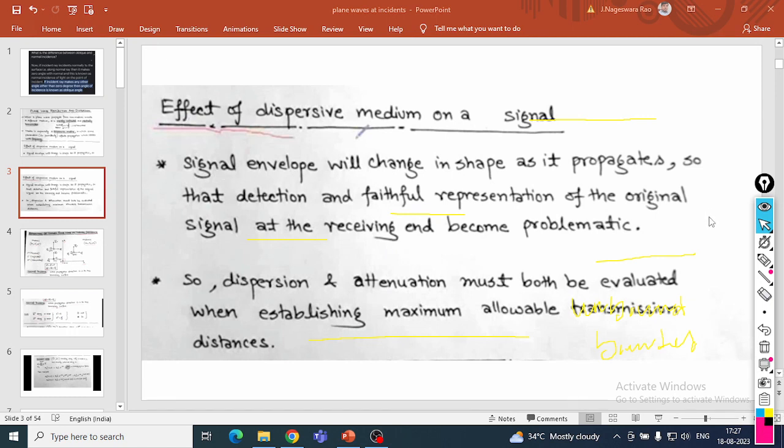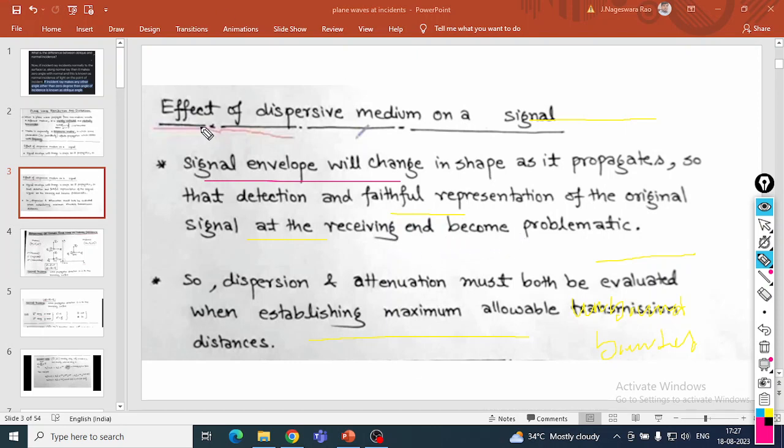The signal envelope will change in shape as it propagates, so that the detection and faithful representation of the original signal at the receiving end become problematic.